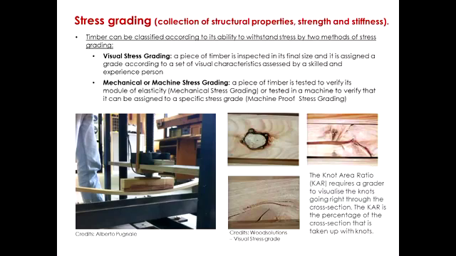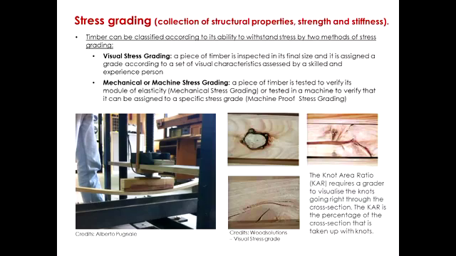If we look at the images on the left, we are mainly seeing defects, knots, all sorts of defects that are assessed by an expert visually. When the timber products come, there will be someone assessing those defects visually. They will be graded visually, and an expert could tell from those defects what type of mechanical behavior the timber is going to have, just by looking at it. So that is the main difference between visual stress grading and machine stress grading.